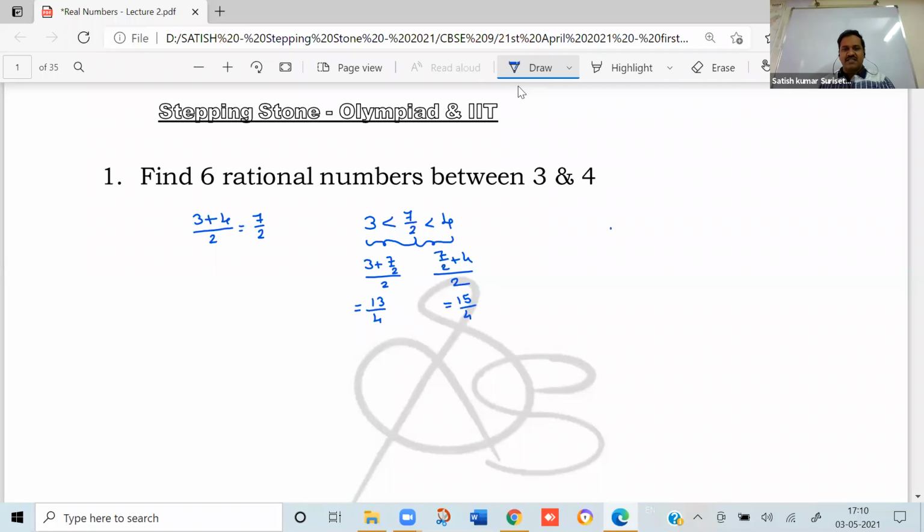That means now the numbers are 3, 13 by 4, next 7 by 2, next 15 by 4, next 4.